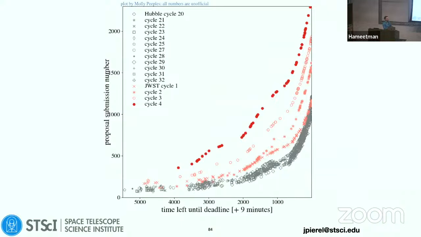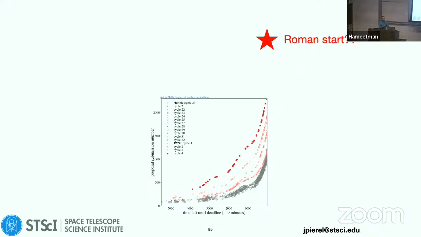Time left until deadline, this is just for our internal fun, but basically you want to see how high we ended up. And then first cycle, second cycle, third cycle, fourth cycle, I don't know. We're getting way up there. So we're worried about resources, of course, but we will continue to try and get the resources that we need from James Webb to build our high redshift spectroscopic sample.